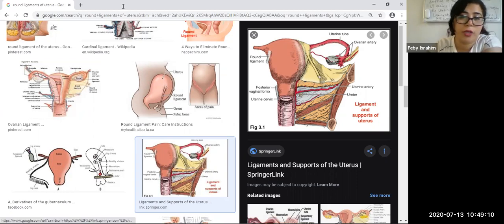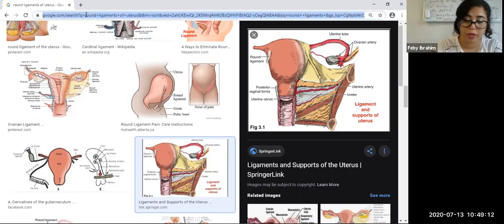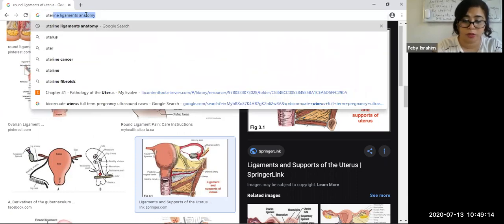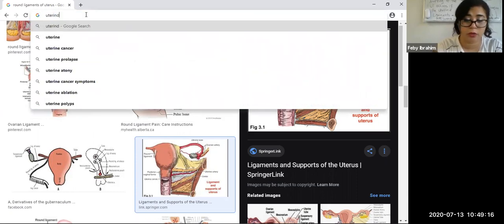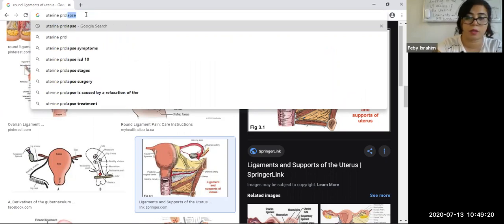Okay, let me show you the uterine prolapse. So when we have loose ligaments, uterine prolapse, how it looks like.